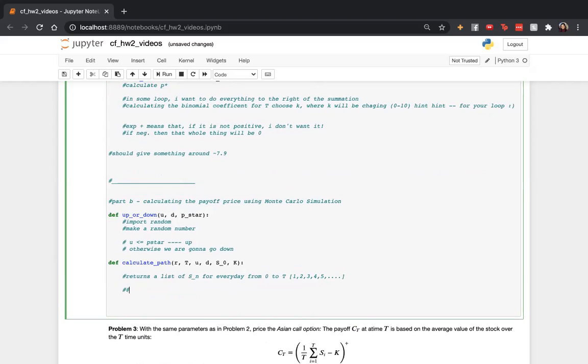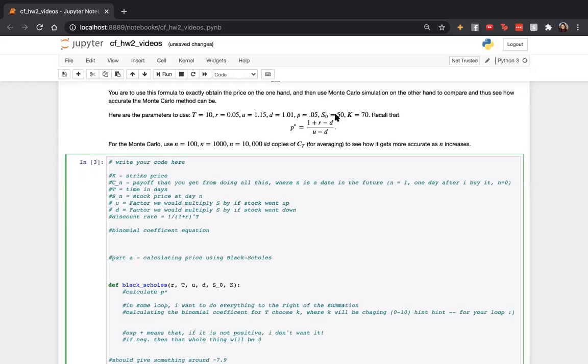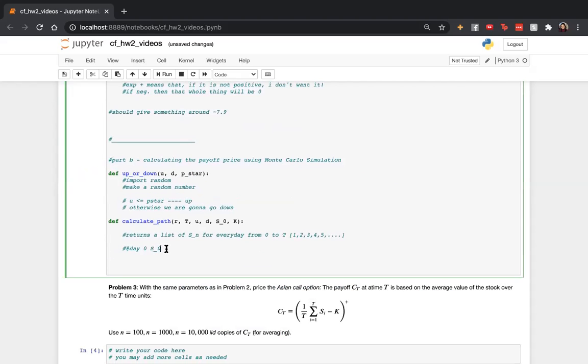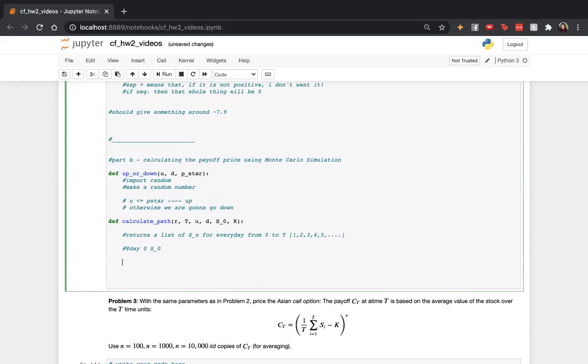At day 0, the stock price is just going to be S at 0, which again is a parameter that we pass in that is 50. And then after that, my stock price is going to be determined based on if my stock price goes up or down, which will be determined by our up or down function.